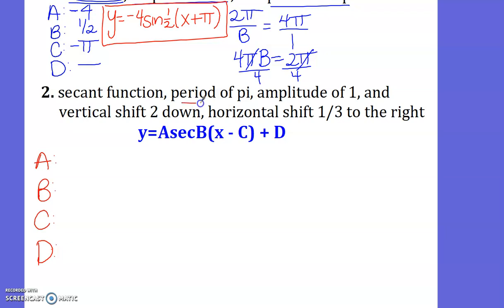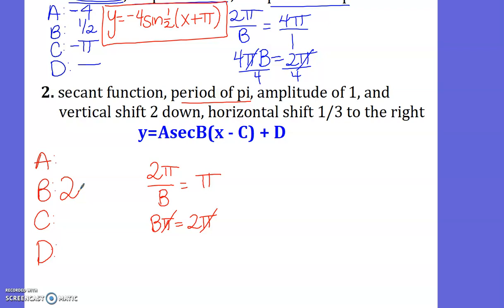So, a period of pi. For secant, the period equals 2 pi over B. I set that equal to what the period is, which is pi. Okay? Cross multiply. The pi's cancel out, so B equals 2. So I've taken care of that.